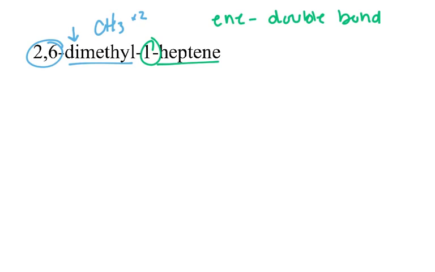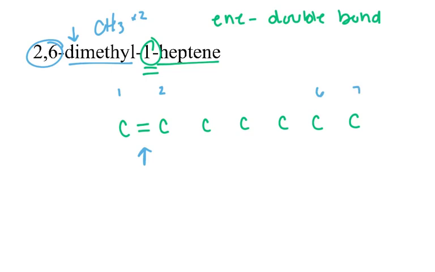So we're going to start with drawing our heptene. So hept is 7. So we're going to have 1, 2, 3, 4, 5, 6, 7. My double bond is between the first and second because I was told it was 1, so we'll put our double bond there. My methyl groups are on 2 and 6, so because I put my double bond here, and I said this was carbon 1, this is going to be carbon 2, this will be 6, 7, so on.